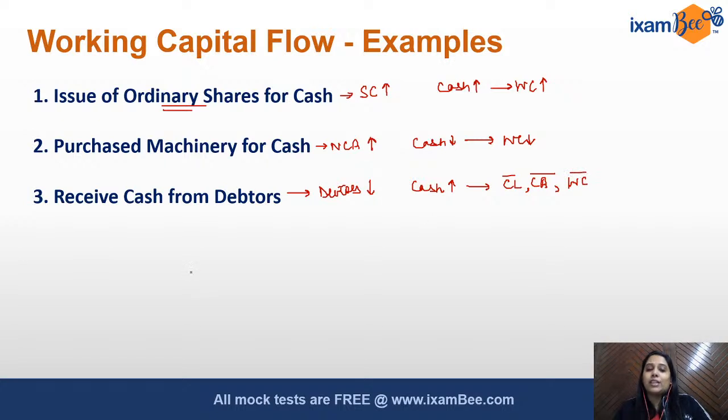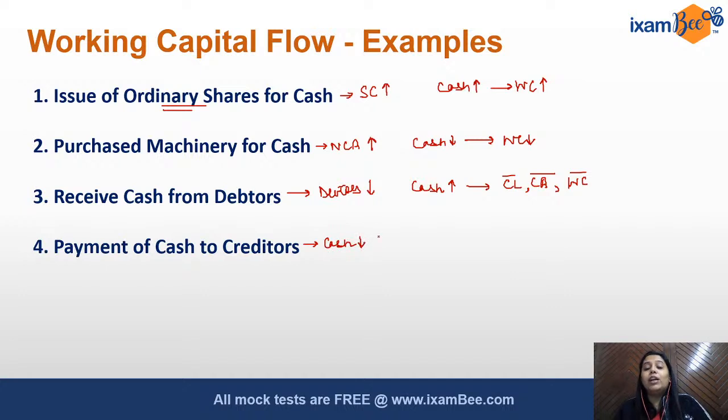Fourth example is payment of cash to creditors. Whenever you are paying cash to your creditors, on one hand your current assets in the form of cash go down, and on the other hand your liability in the form of creditors also goes down. The same amount of current assets is decreasing and the same amount of current liabilities is decreasing. Since both are decreasing by the same amount, your working capital will remain constant.